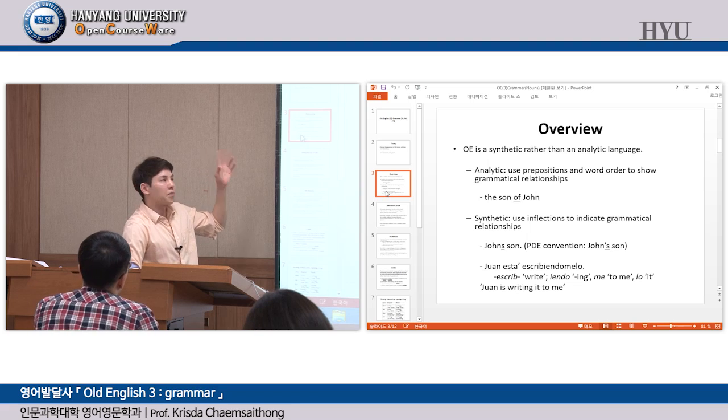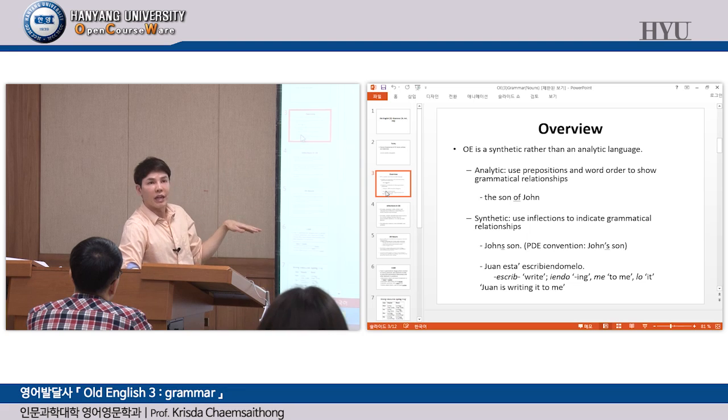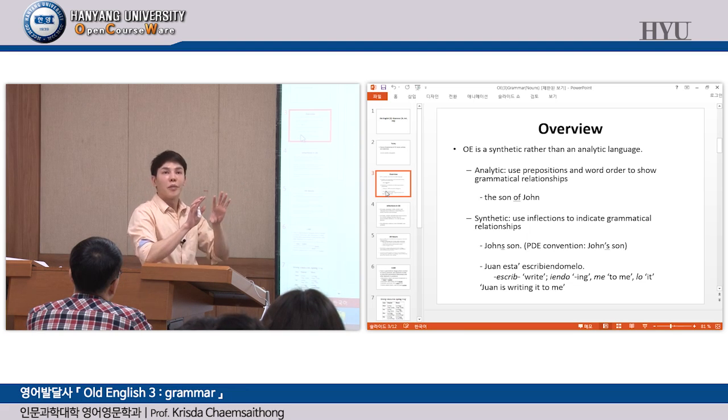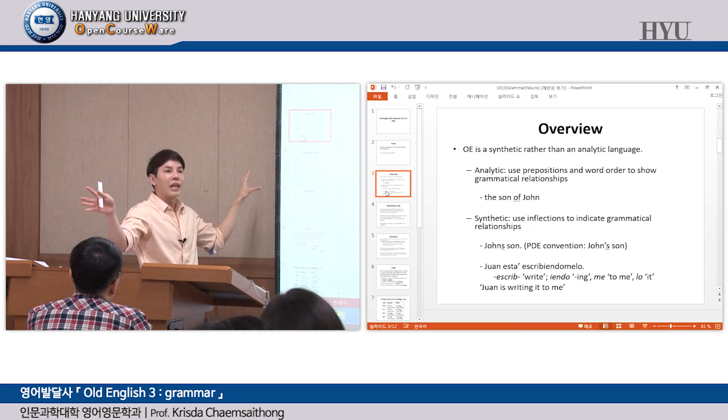So there are maybe two groups of languages that you need to know, analytic and synthetic. Modern English, or present day English, is more towards the analytic end rather than the synthetic end. You can think of this as a continuum from left to right, one synthetic, one analytic.